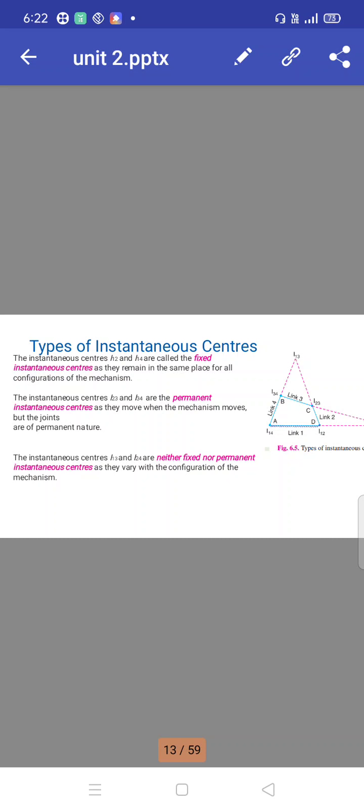These are the things explained from the diagram shown here. From this diagram we can explain whether it may be a fixed instantaneous center, a permanent instantaneous center, or neither fixed nor permanent, and we can explain such things in the right way.